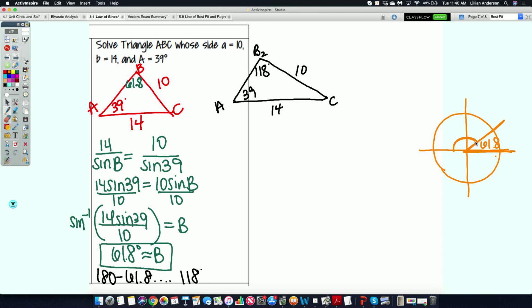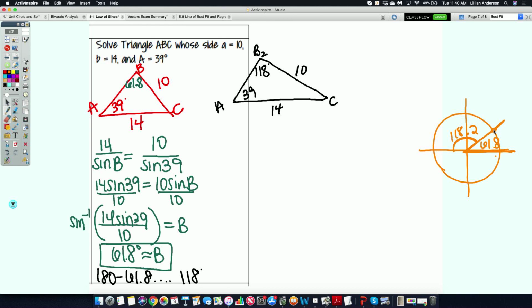This angle right here is the supplementary angle to it, which is 118.2. Of course, we round to 3 significant figures, that's where we got 118. Okay? And so the sine of 61.8 is the same as the sine of 118.2 because in the first and second quadrants, the sines are the same. So it is always going to be whatever number you get once you subtract it from 180. 180 is the important thing, though.